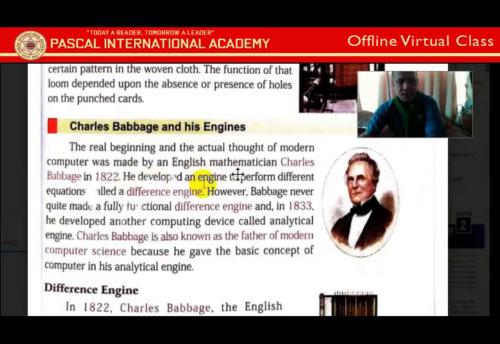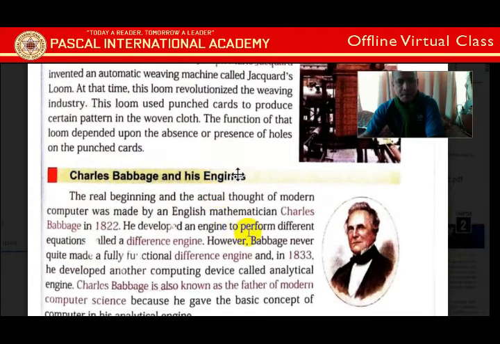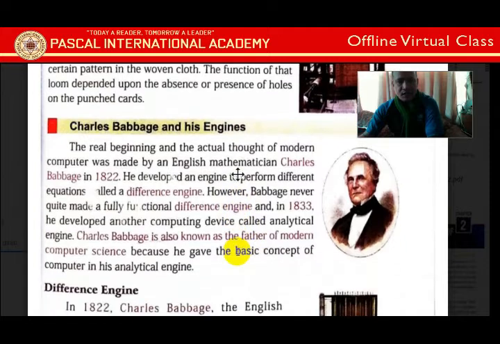He developed an engine to perform different equations called the difference engine. However, Babbage never quite made a fully functional difference engine. Actually, at that time, he designed a very huge difference engine, but because of a lack of some tools, he could not finish it. But still, we use this technique.